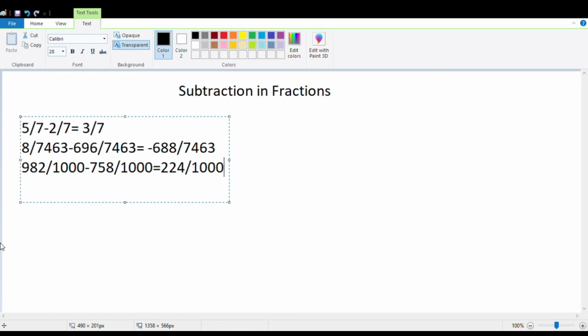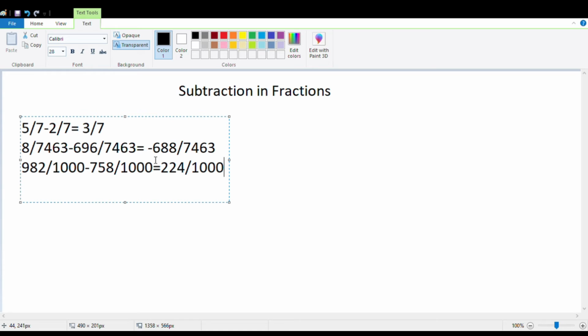It is also worth noting that when you subtract fractions, the result can never be a mixed fraction. It is pretty obvious. For example, let's say one number is 982 by 1,000 and another number is 999 by 1,000.